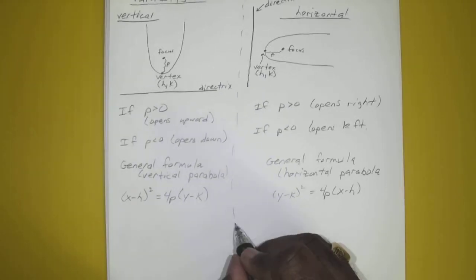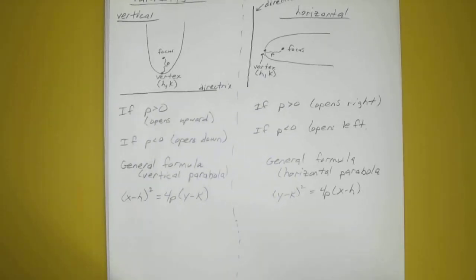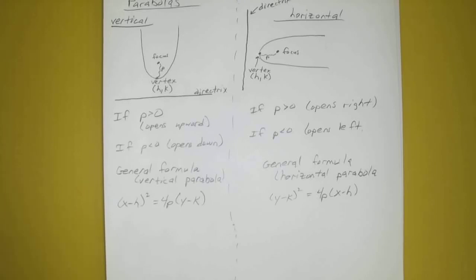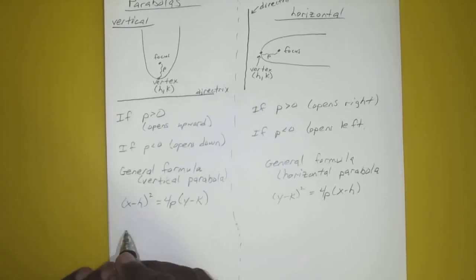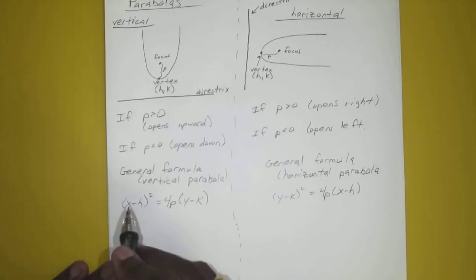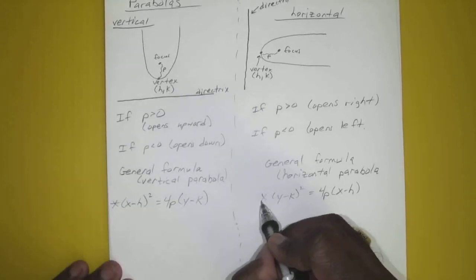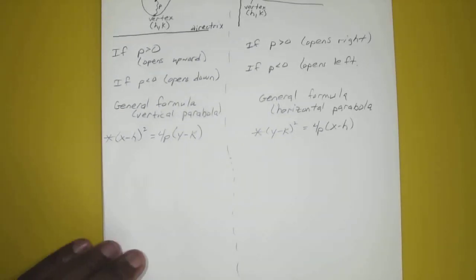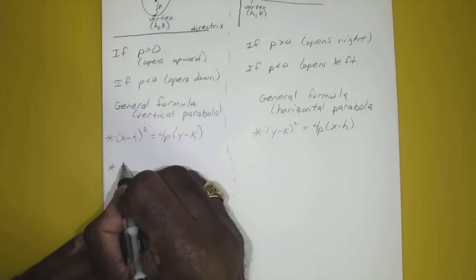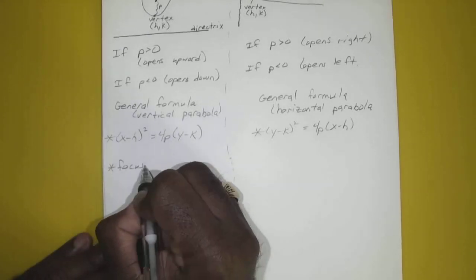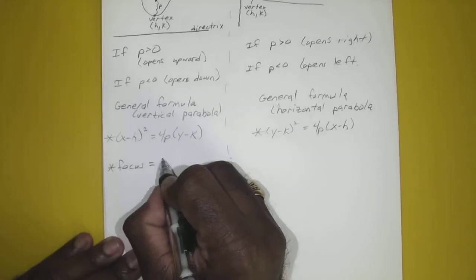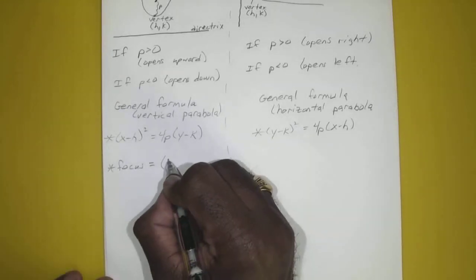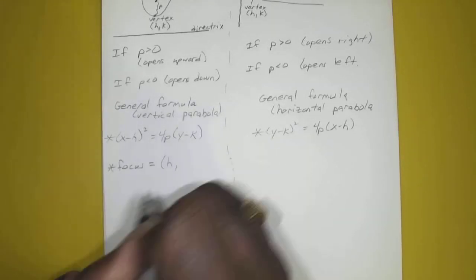So we're going to look at the formulas to actually find your focus and your directrix if they ask. Okay. So we have our general formula, which you're going to need to know. Now your focus is going to equal whatever your x value is for your vertex, so it'll be h.